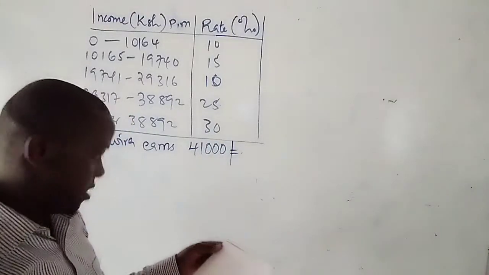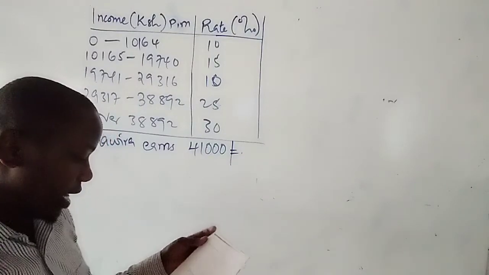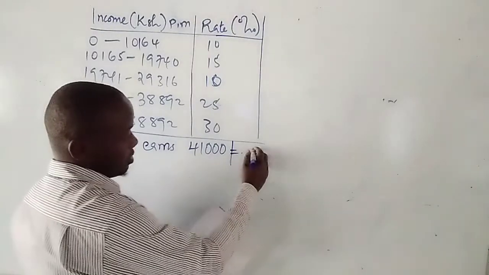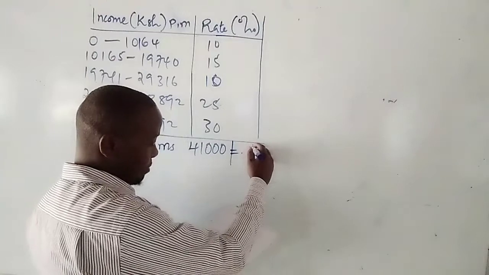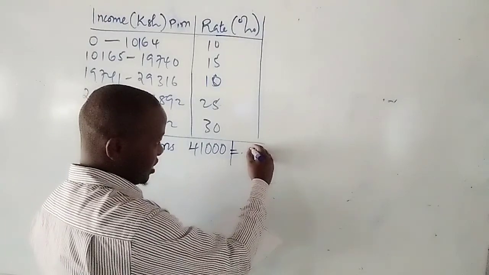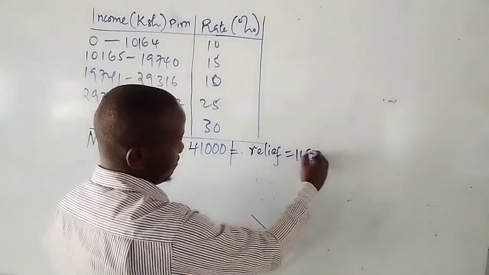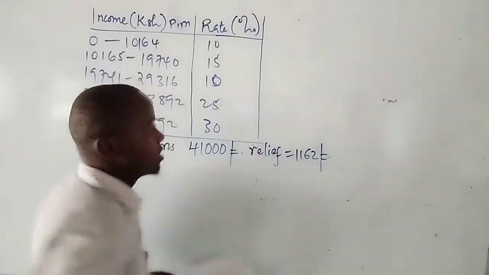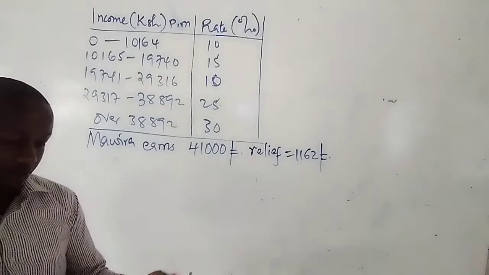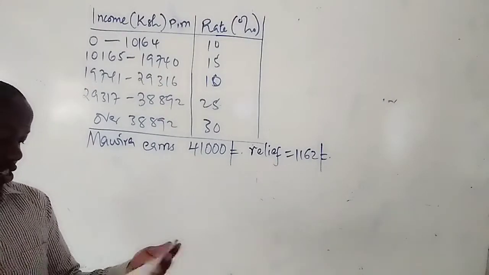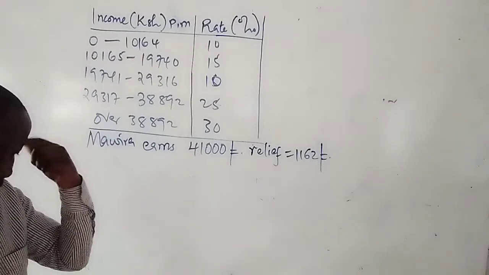We are told to calculate Mawira's income tax if he is given a tax relief of 1162 Kenya shillings per month.